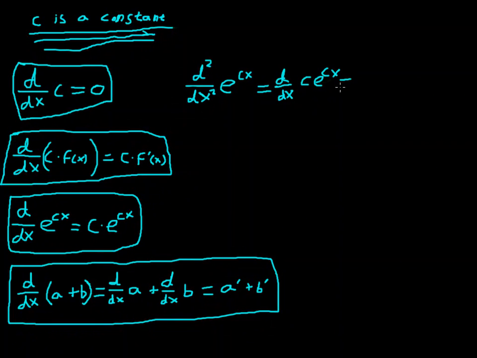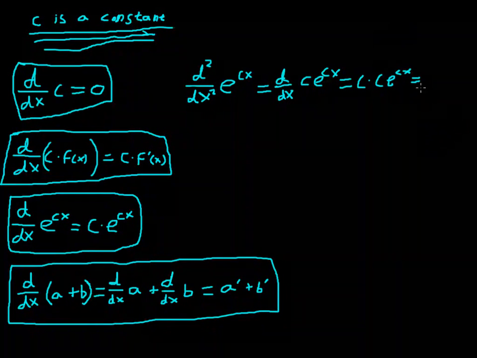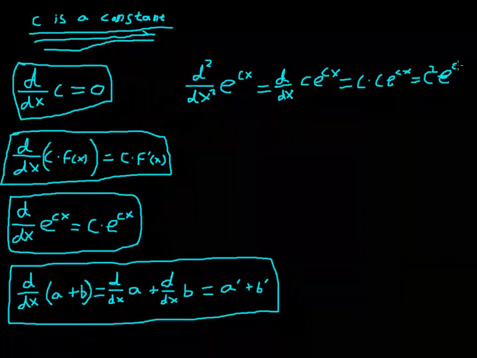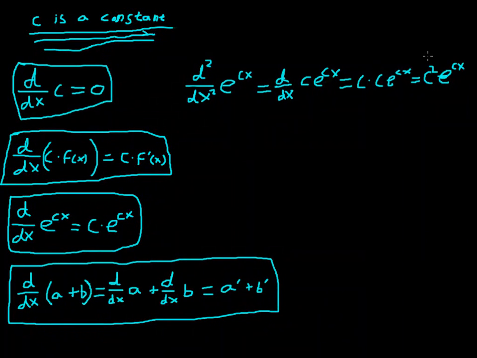We can then, using this rule, take the c out of there, take this derivative again, we get c times c e to the cx, which is c squared e to the cx. And note that this derivative exactly is going to be very, very important in quantum mechanics. We are going to use this derivative precisely.